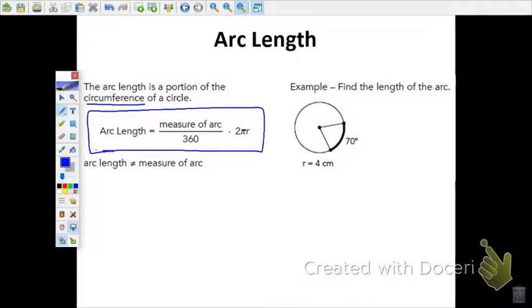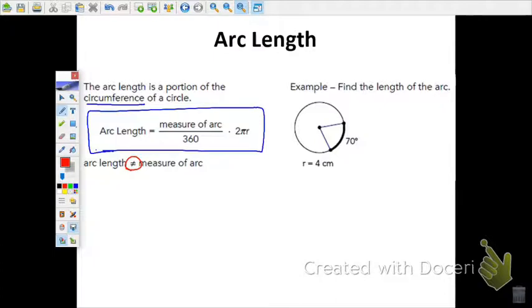And then below, on your notes, you have arc length and measure of arc. You need to fill in the not equal to. Okay? So again, arc length and measure of the arc are not the same thing. The measure of the arc, we said, was the same as the central angle.